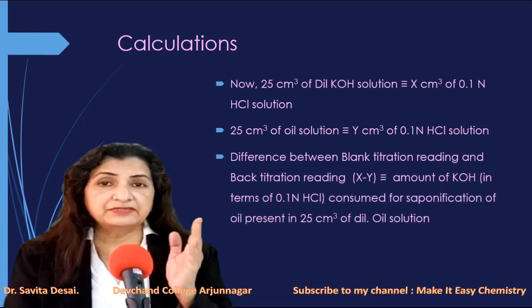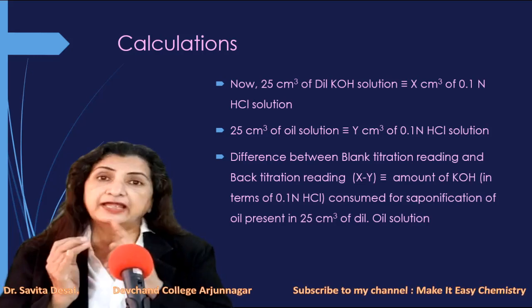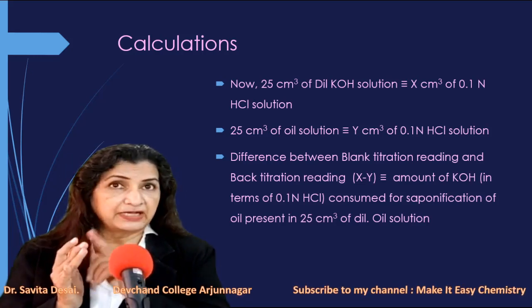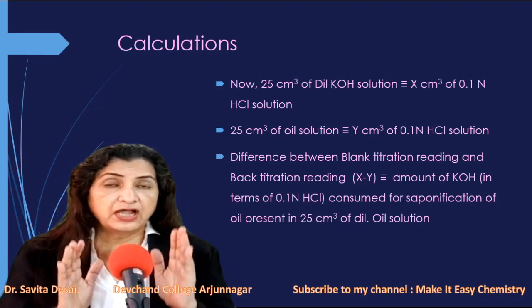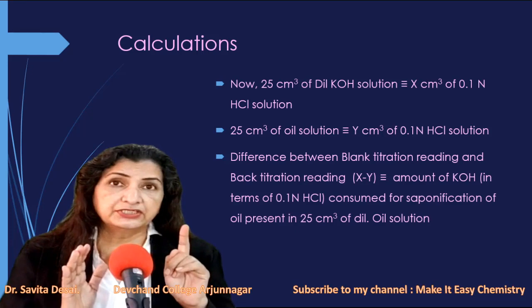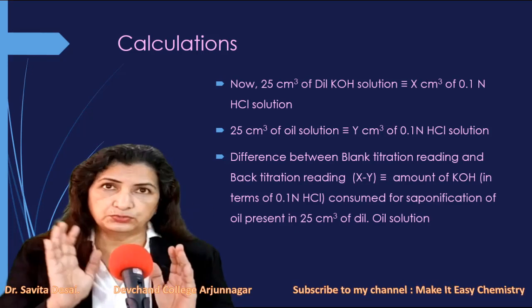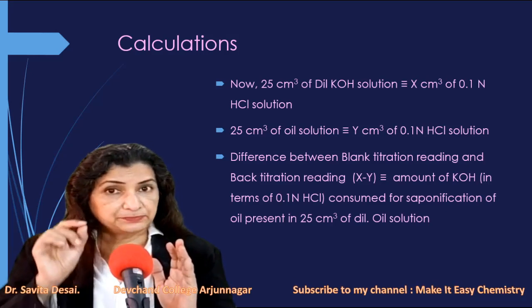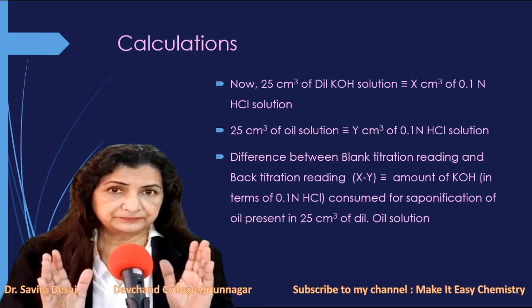So the difference between these two readings, the blank titration reading and the back titration reading, X minus Y, will give us the information about how much KOH has been consumed for the saponification of the oil present in the 25 cm cube of the dilute oil solution.